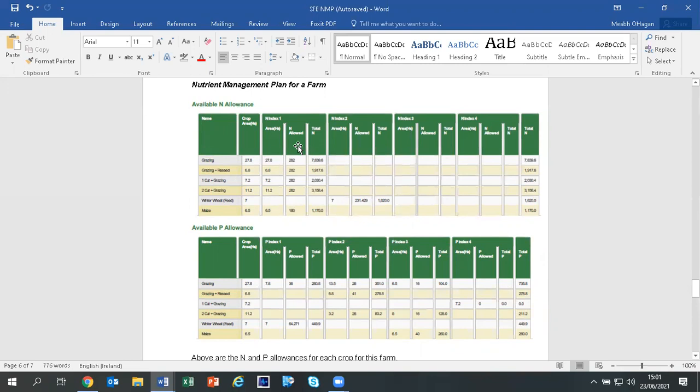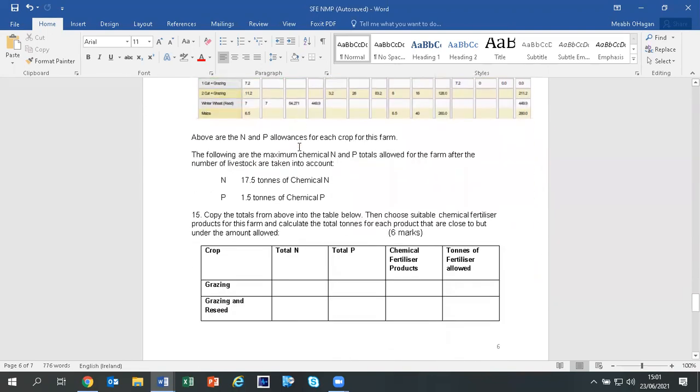All right. So the first thing that it asks you to do, if we just scroll down, it says above are the nitrogen and phosphorus allowances for each crop for this farm. The following are the maximum chemical nitrogen and phosphorus totals allowed for the farm after the number of livestock are taken into account. So covering all of the land on this farm, the maximum amount of chemical nitrogen that can be spread is 17.5 tons.